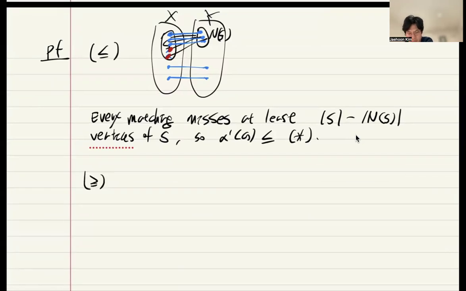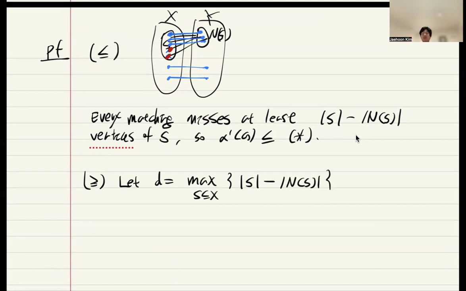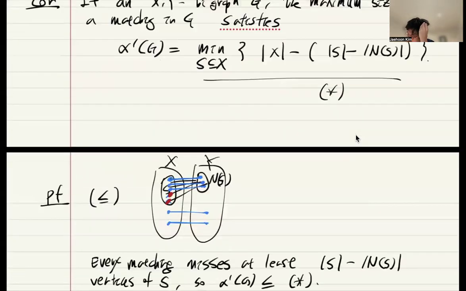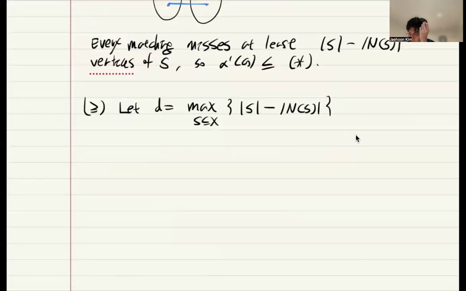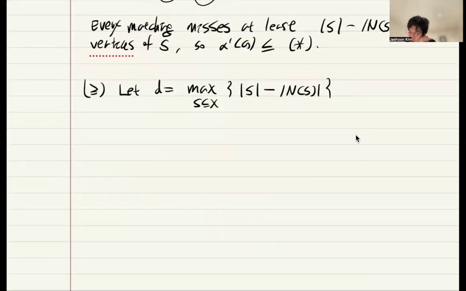So let's prove the other part. We let D be this maximum value of the deficiency between S and N(S). So when S is here, you take the neighborhood, what's the difference? You try to maximize this, and let's say t is the maximum.